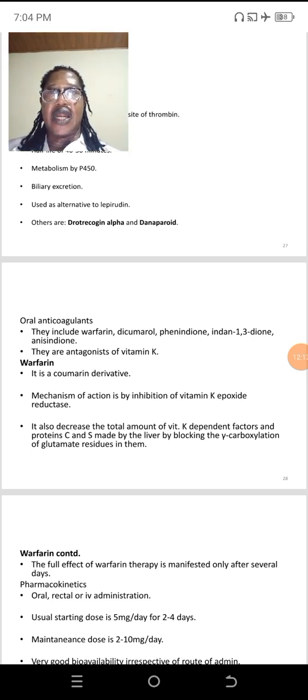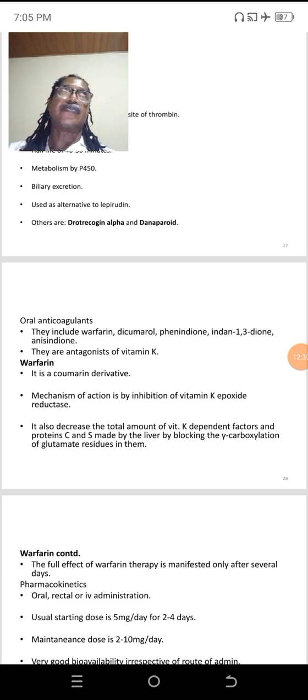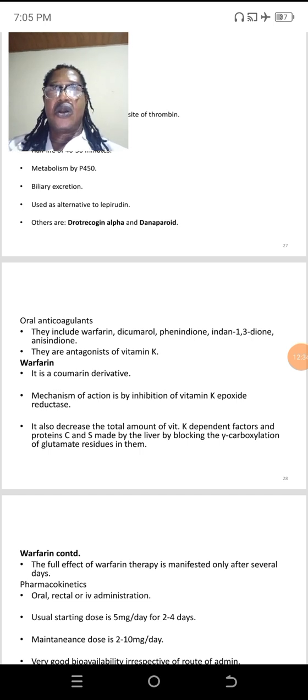It is a coumarin derivative and it acts by blocking the gamma carboxylation of glutamate residues in the vitamin K dependent clotting factors, thereby leading to the formation of incomplete clotting factors that do not have biological activity.